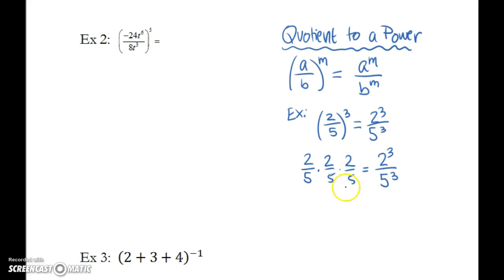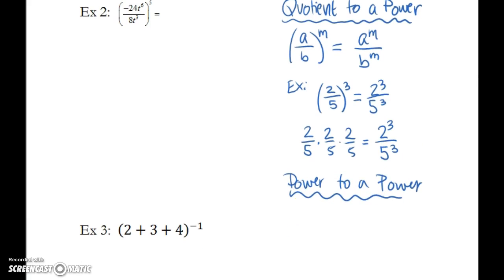And the second property that we're using in this example is power to a power. The power to a power property says that if we have some base raised to a power, and that expression is raised to another power, we are allowed to multiply those powers together.